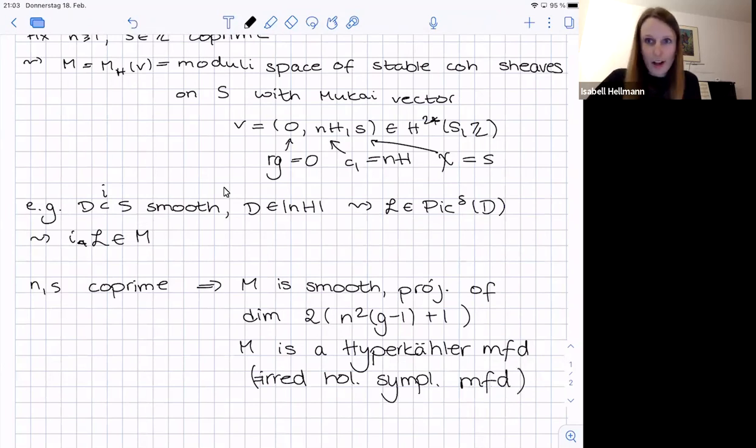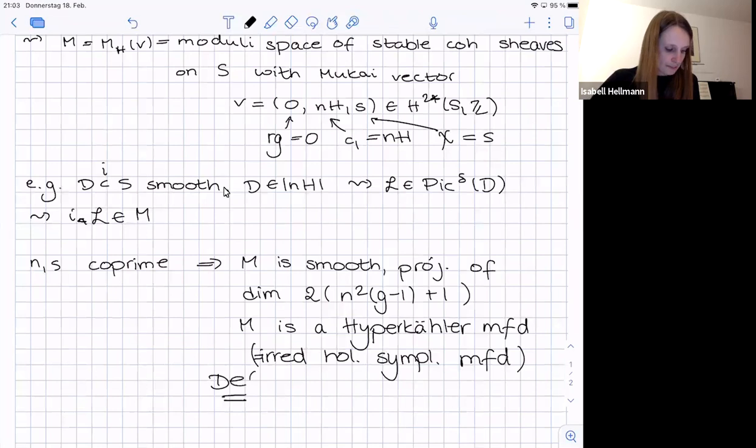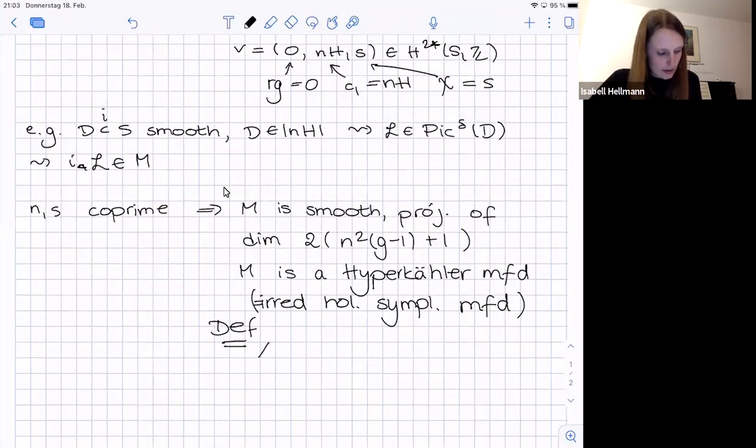And I also want to recall the definition. So first of all, it's a smooth compact variety.